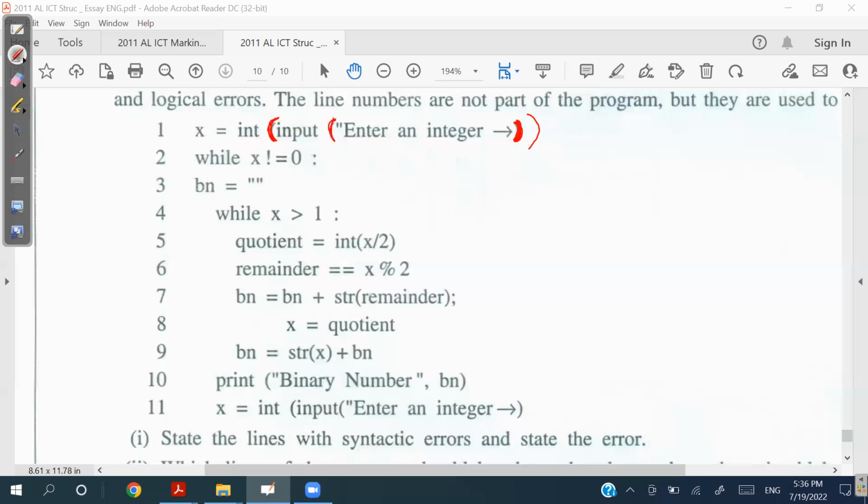There should be an extra bracket. So one mistake is that there will be a syntax error since you are missing this.